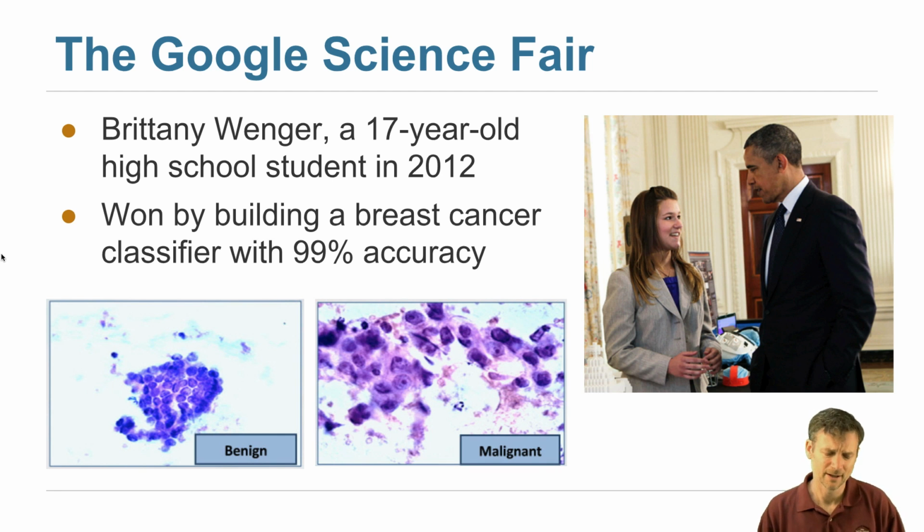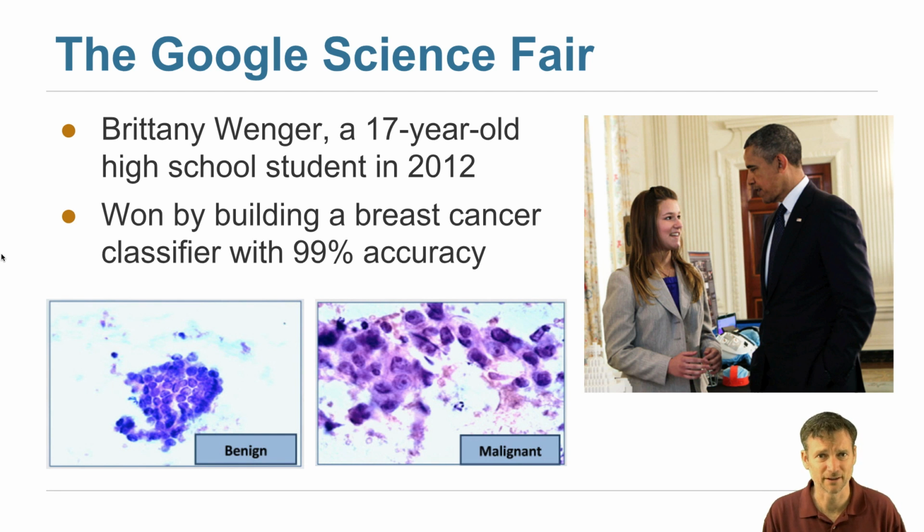And maybe eyeballing that, you can get a feeling that those two look a little different. Like there's those clumps, those round circles you see, those are cells, and they're a little bigger in the malignant tissue sample.